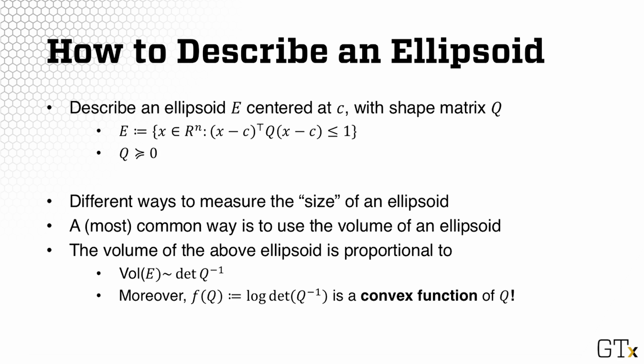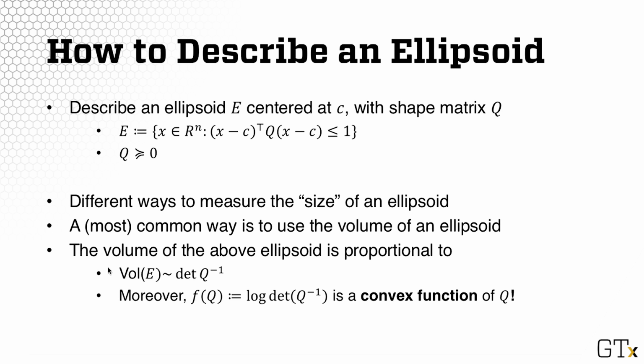This is proportional, and it is independent of c and Q otherwise. It depends on the dimension, but the dimension is fixed. So the volume of E depends proportionally on the determinant of Q inverse. Okay, see, we have an inverse again, but don't worry, we're going to figure out a way to deal with that.